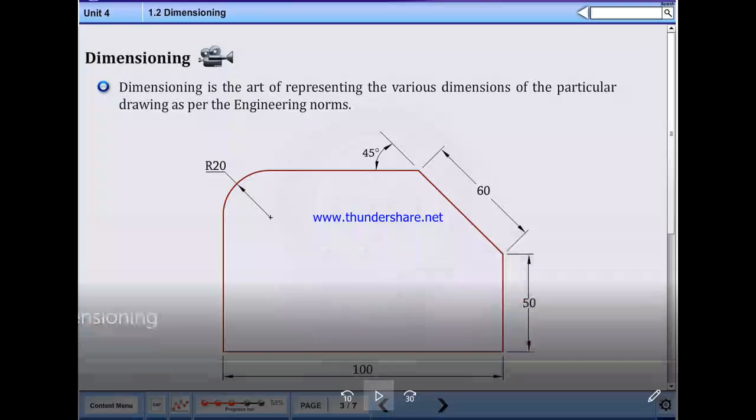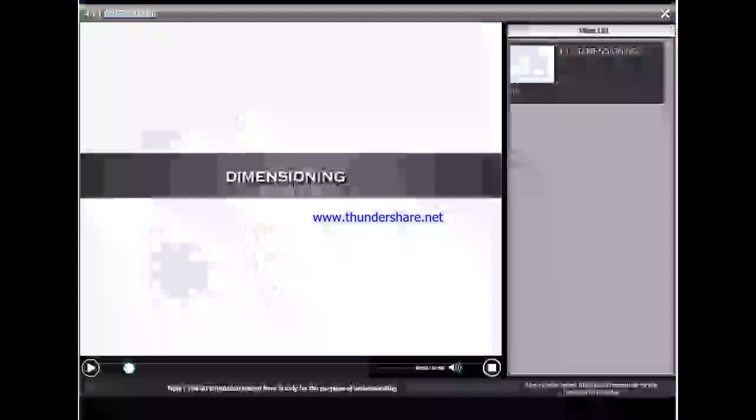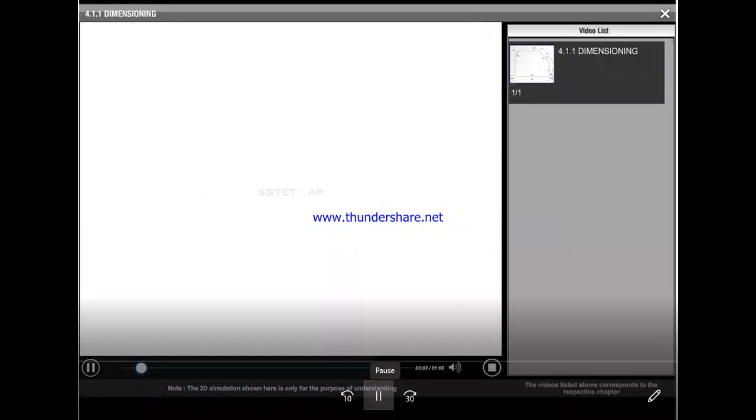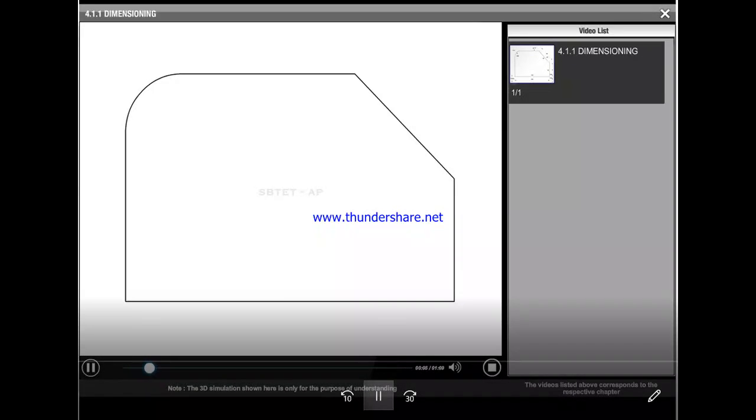Now, dimensioning definition. Dimensioning is the art of representing the various dimensions of a particular drawing as per engineering norms. Representation of a single dimension includes the dimension line, extension lines, outline and the dimension.